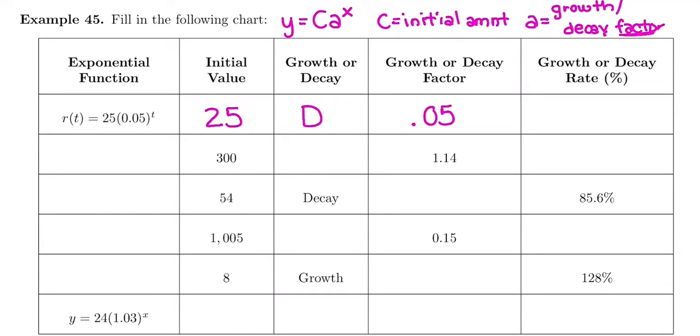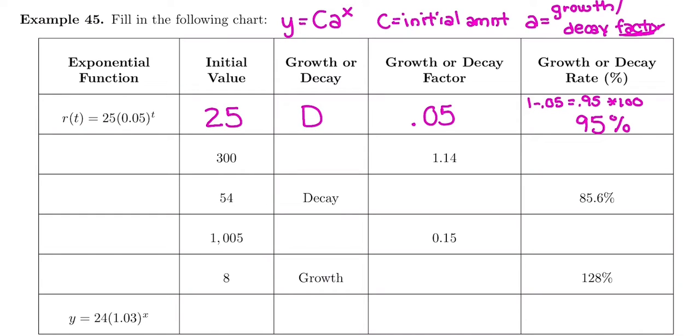And as a percent, we would say we have 1 minus 0.05, which is 0.95, times 100. This is a 95% decay. It's decaying really fast. We're only multiplying by 0.05, so we're getting a much smaller number every time. We're having a 95% decay.